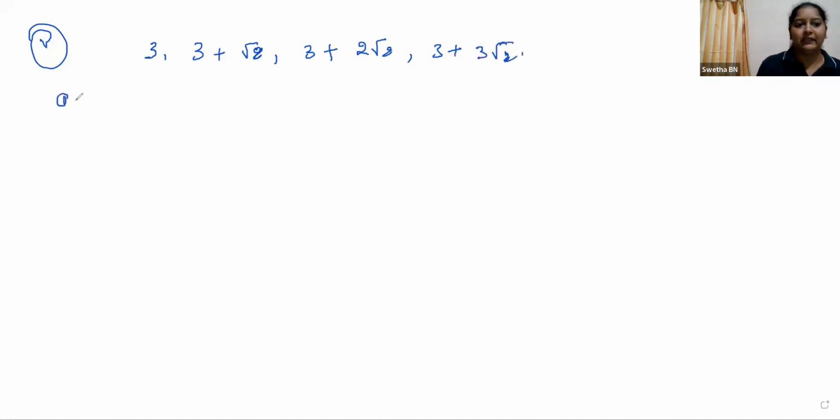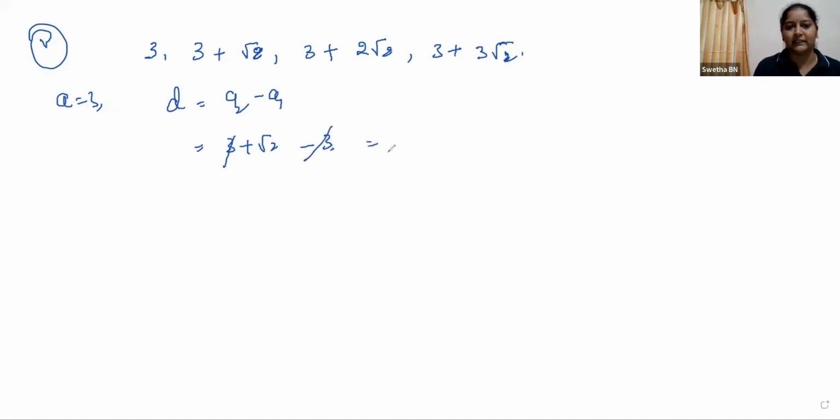What is D here? A is equal to 3. Find out D, children. A2 minus A1 is equal to 3 plus root 2 minus 3. So what is the answer? You can cancel, plus 3 minus 3 gets cancelled. It is root 2.